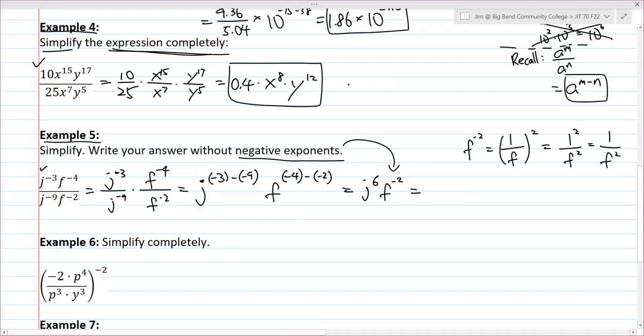Right, so that means the second part gives us 1 over f to the 2. So the answer will be j to the 6 over f to the 2. That is the answer needed.